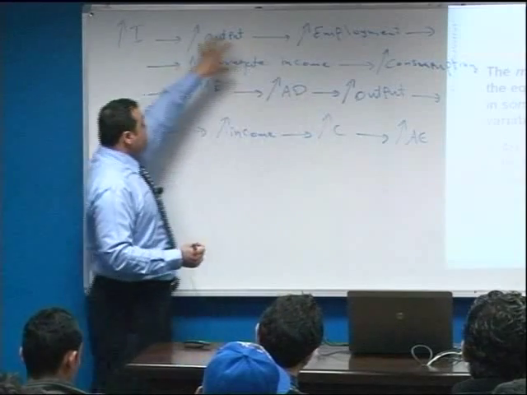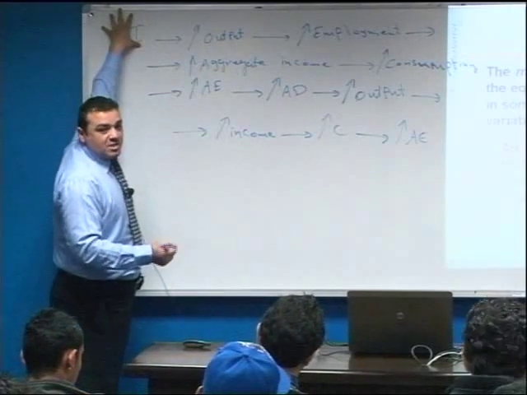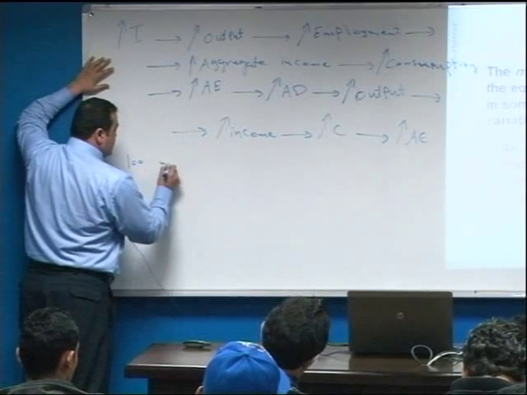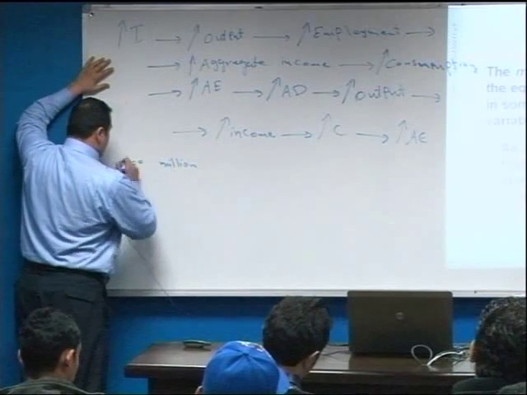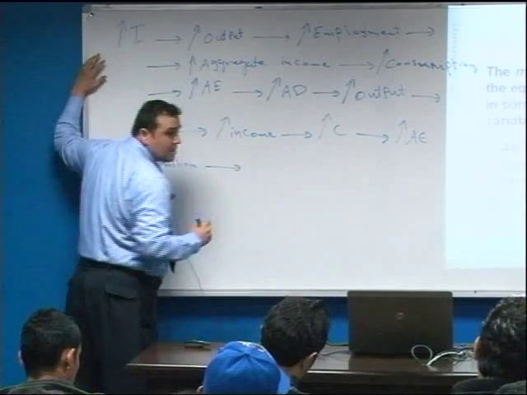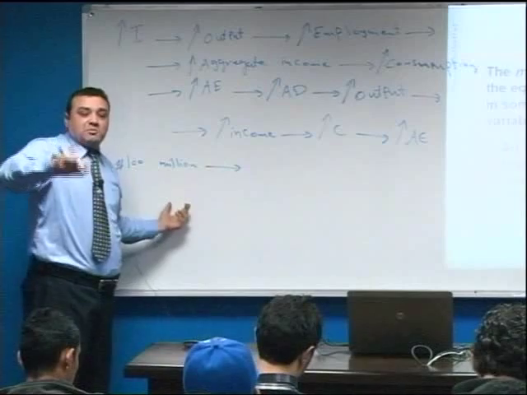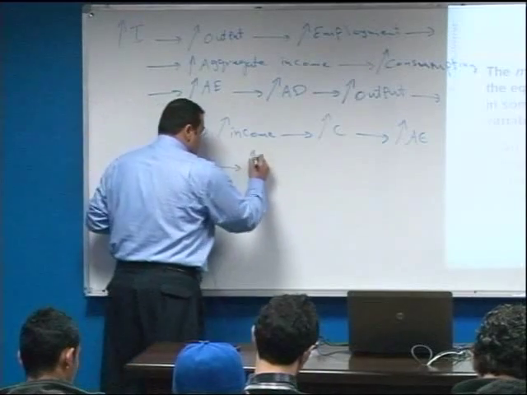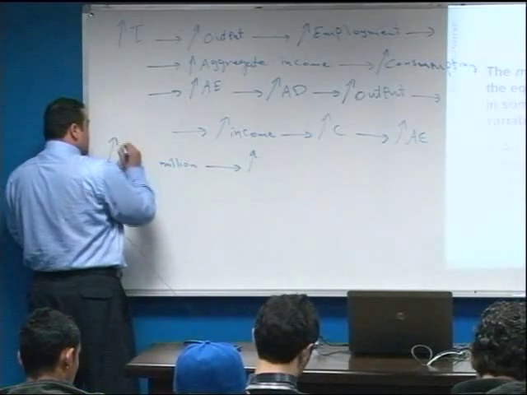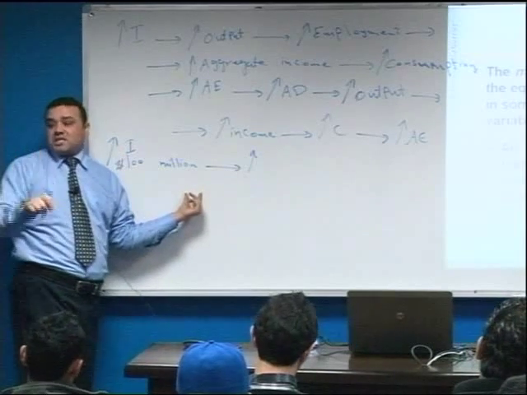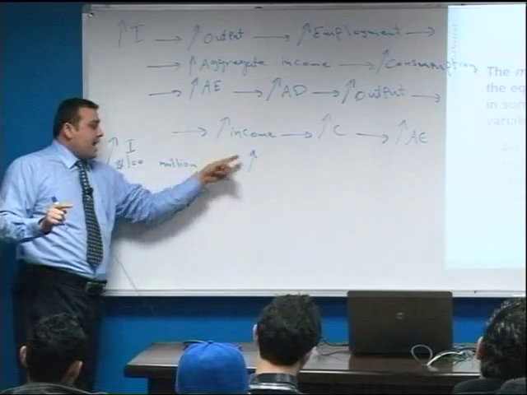So if the government or the business sector decided to invest $100 million, this leads to what? In the first case, the aggregate output would increase by $100 million.